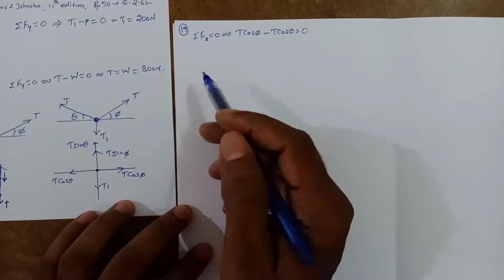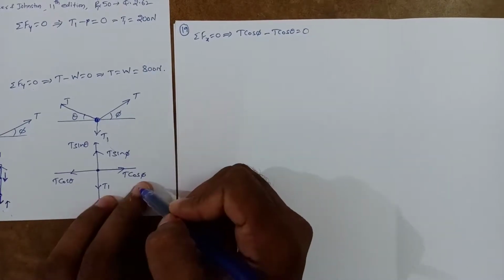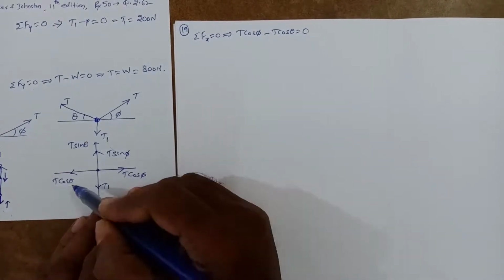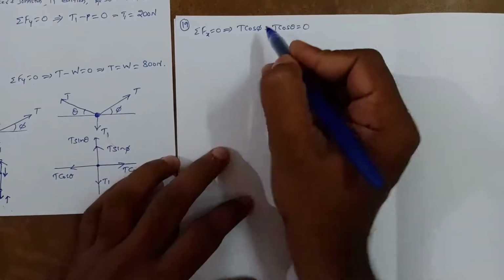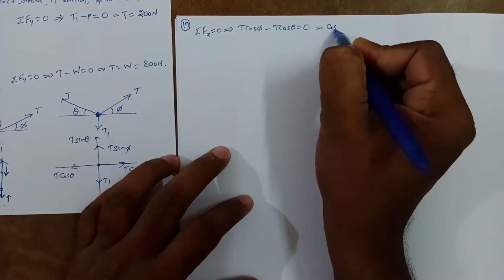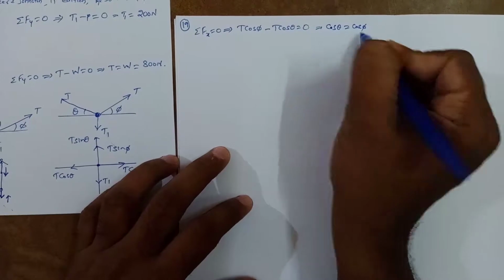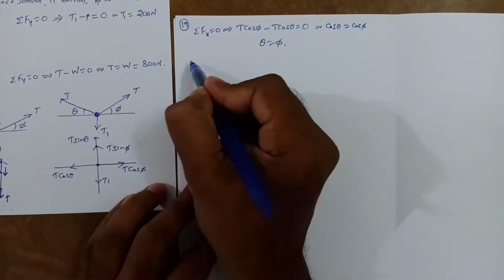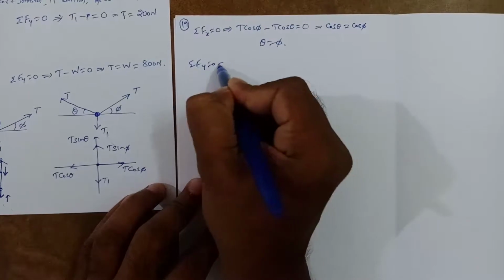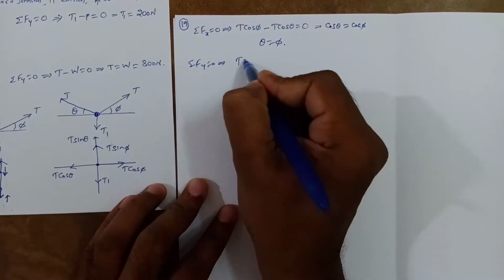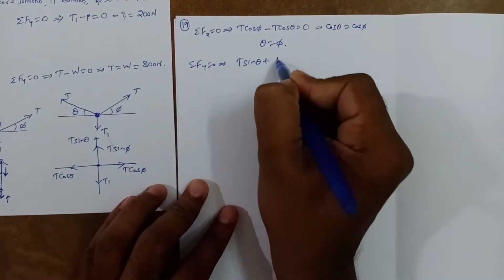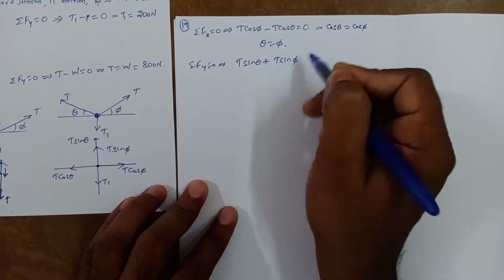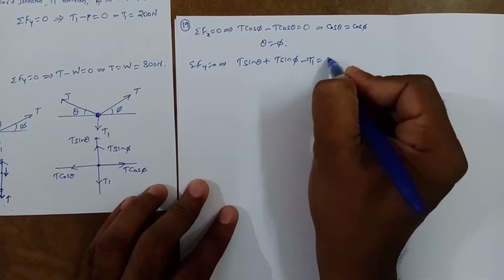So writing sigma Fx equal to 0, that is T cos phi minus T cos theta is equal to 0. That implies we get cos theta is equal to cos phi, that is theta is equal to phi from this equation. Now writing sigma Fy equal to 0, that is T sin theta plus T sin phi minus T1 is equal to 0.